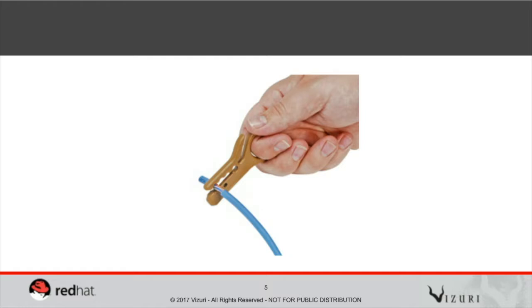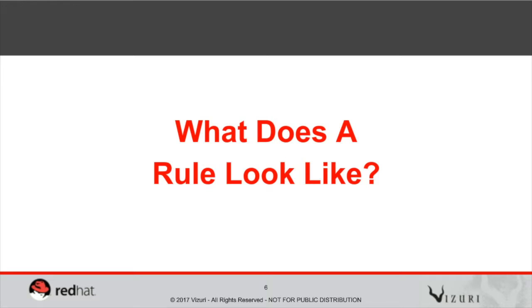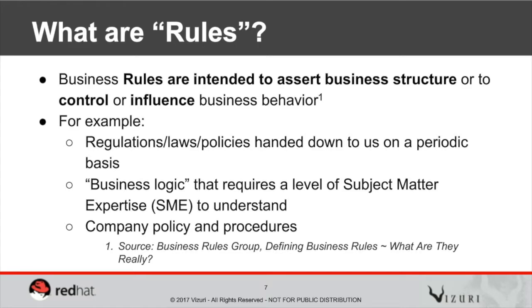So what does a rule look like? Let's look at that a little bit more in detail. The business definition would be rules are intended to assert business structure or to control or influence business behavior. I like to explain things using examples, and what that basically means is it's your typical regulations, laws, policies that are handed down for developers to implement or business analysts to interpret and pass down to developers.